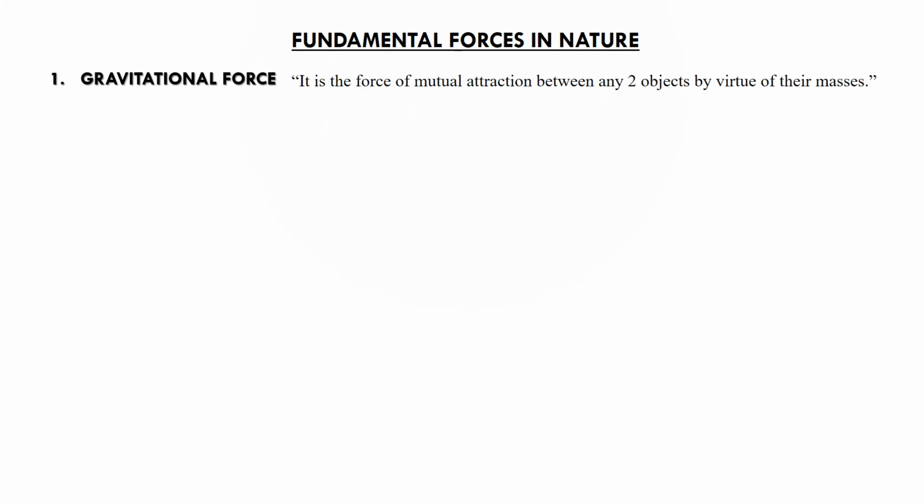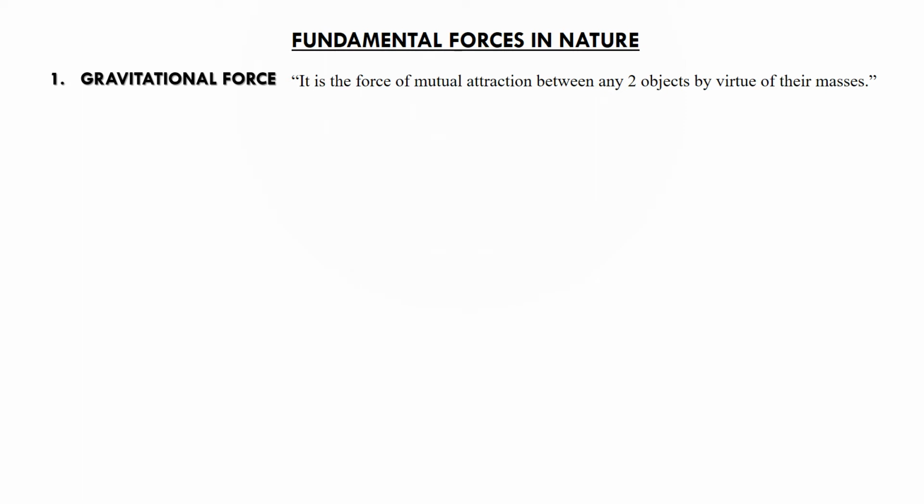Fundamental forces in nature. The first fundamental force in nature is called the gravitational force. It is the force of mutual attraction between any two objects by virtue of their masses.